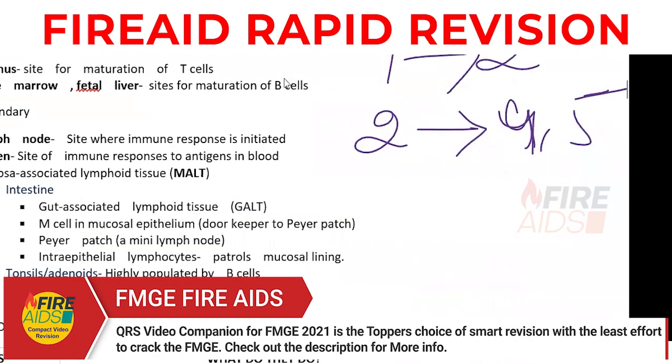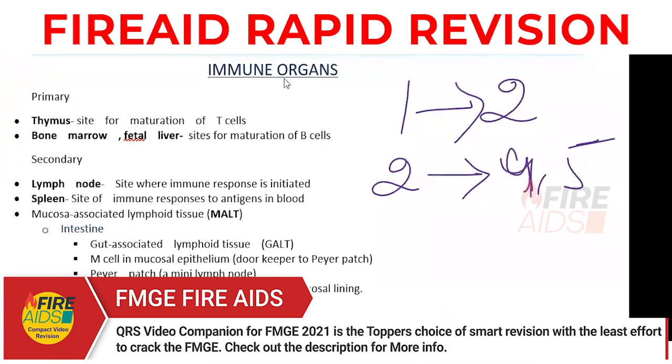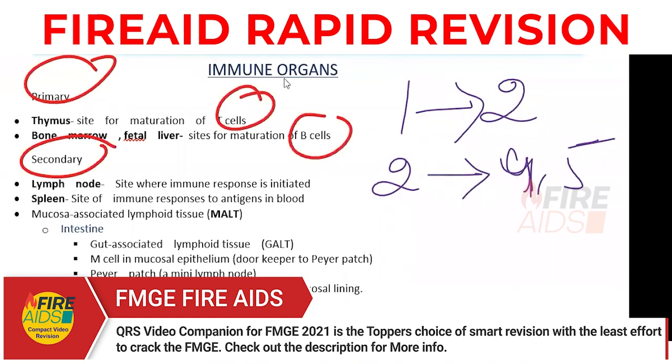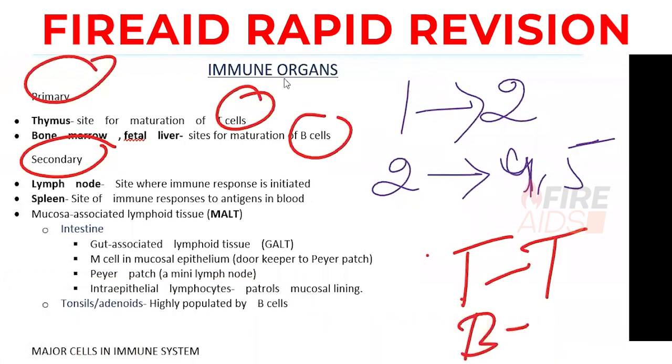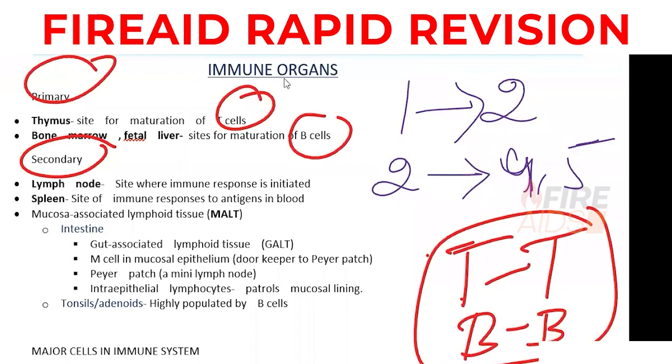Next is immune organs. There are primary organs and secondary organs. Primary organs are where the T cells and B cells mature. T cells mature in the thymus, B cells mature in bone marrow. So T for T, B for B. One more point: B cells also mature in the fetal liver, the liver of the fetus.